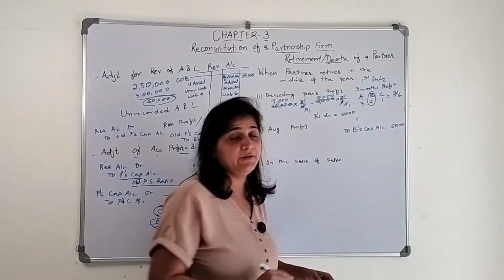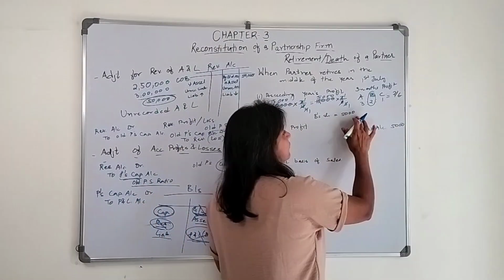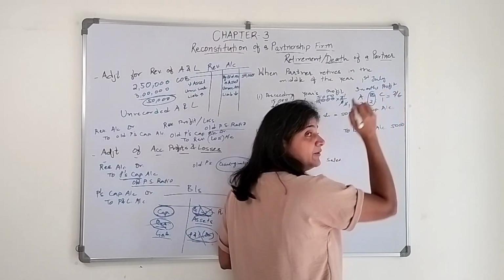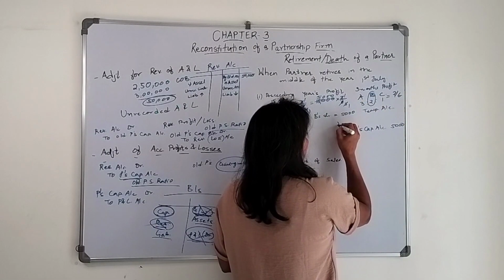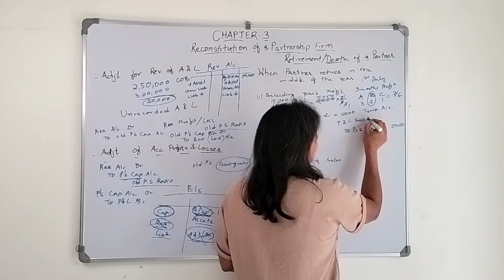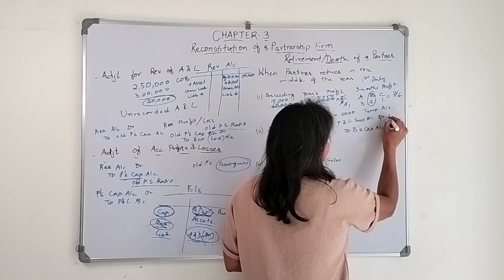What do we need to debit? For that, we need to open a temporary account. What is that temporary account called? Profit and loss suspense account. Okay, profit and loss suspense account debit 5,000.